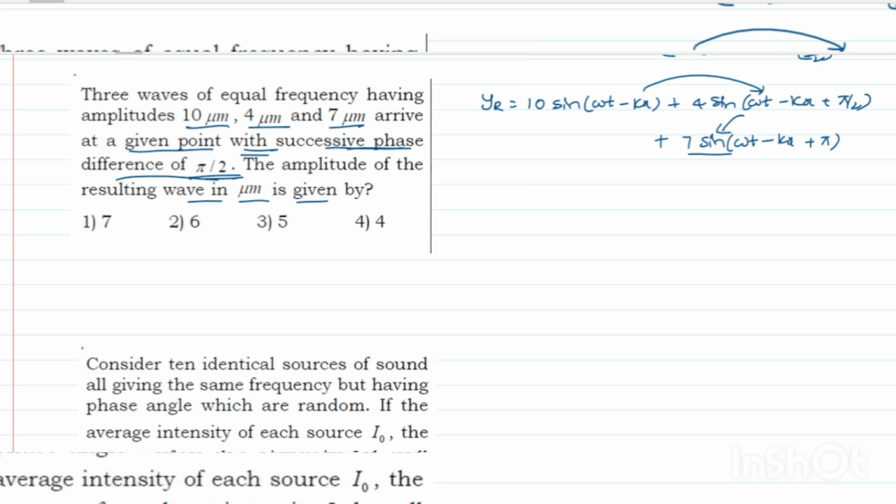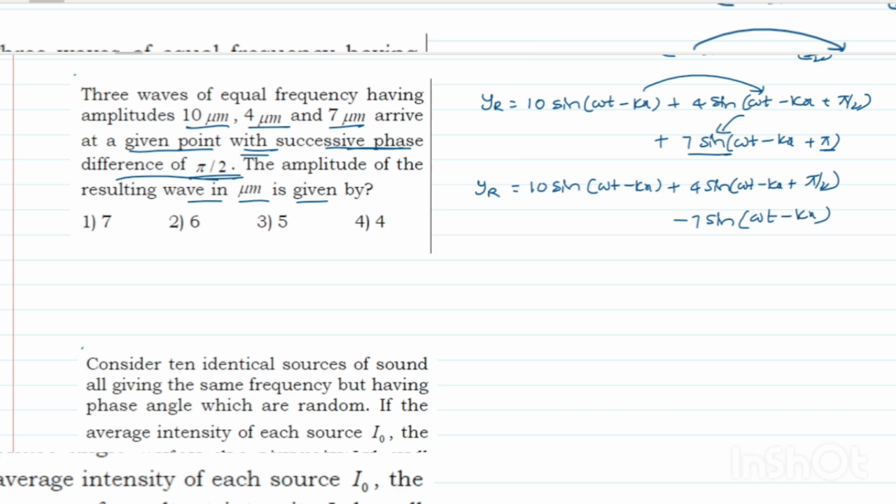So sine of 180 plus theta will be minus sine theta. Then YR equals 10 sine omega t minus kx plus 4 into sine omega t minus kx plus pi by 2, and since it is 180 plus theta, here you get minus 7 sine omega t minus kx.